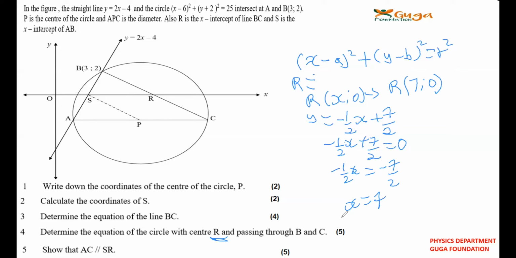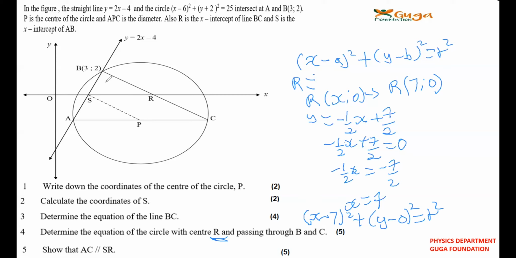So it will be (x - 7)² + (y - 0)² = r². So you have substituted the center there.